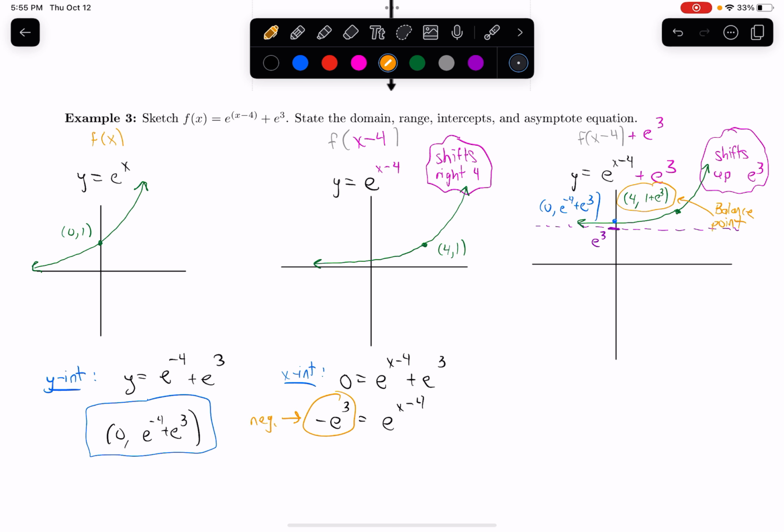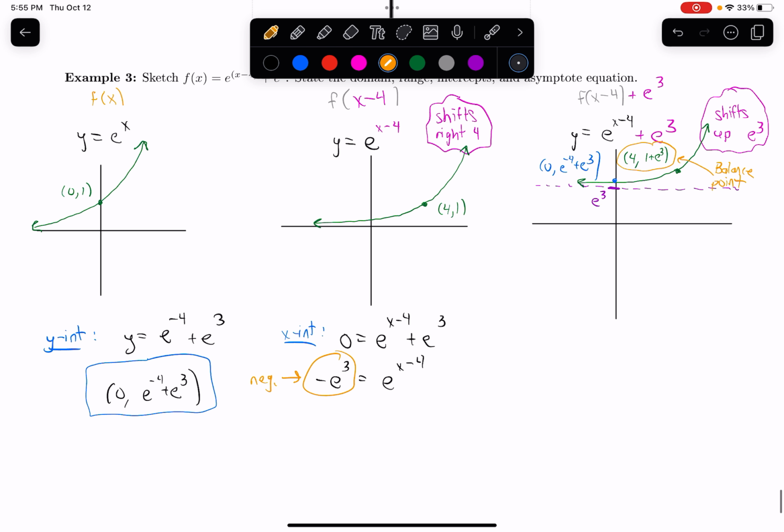But on the other side, well, e is a positive value. It's about 2.7. And if I raise about 2.7 to any power, that whole thing is going to be positive. So because of that, this equation has no solution. No solution since e to the x minus 4 has to be positive. It's got to be greater than 0.